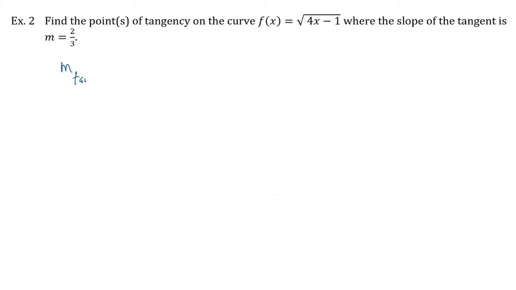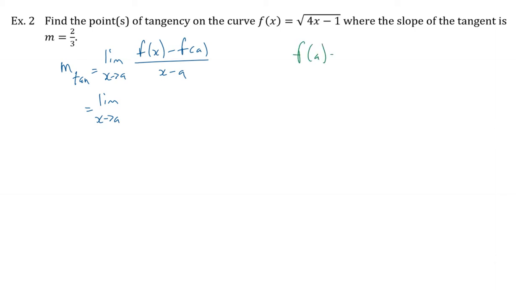Okay, so slope of the tangent is, again, just writing out the formula. So f at a is the square root of 4a minus 1, right?